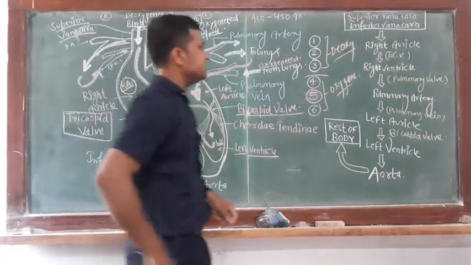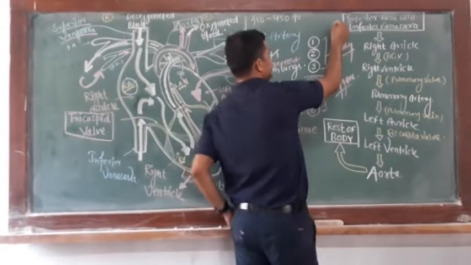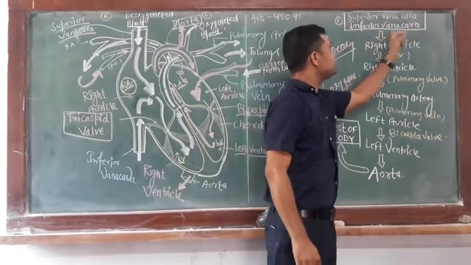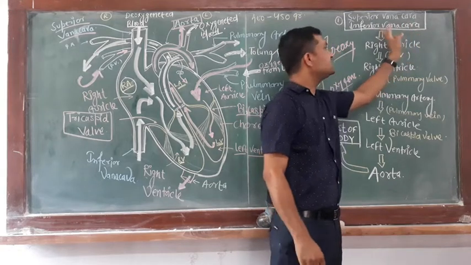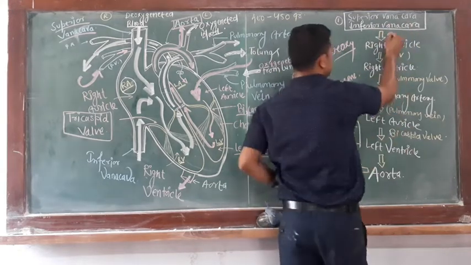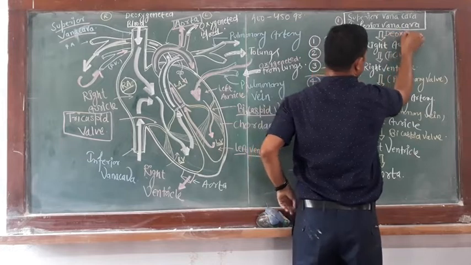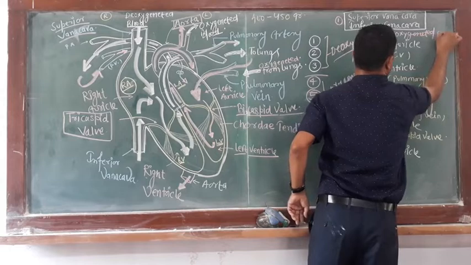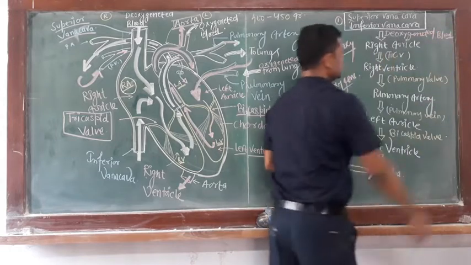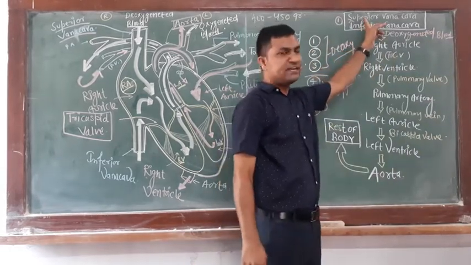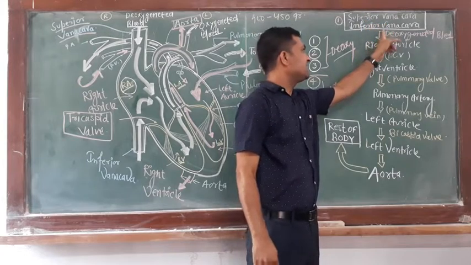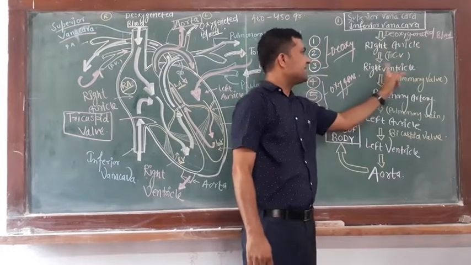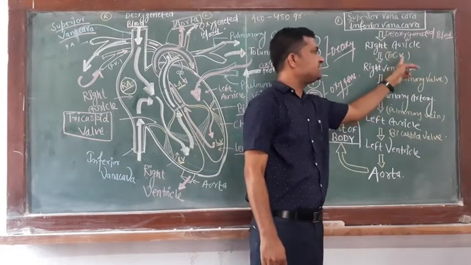It's a line diagram of blood flow. First of all, number 1 stage, superior vena cava and inferior vena cava, deoxygenated blood. Then after, it goes into the right auricle. Right auricle to right ventricle with the help of the tricuspid valve.